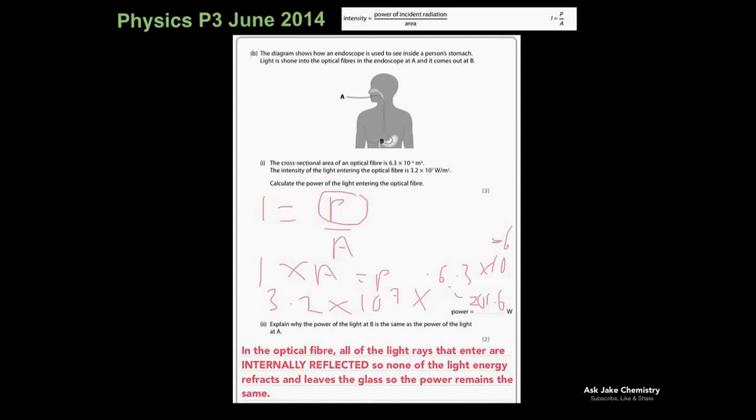If you have some light coming in from here, and it's totally internally reflected, all the light is being reflected inside. So if it's being reflected all the way to the stomach, all the light energy is still going to be there. So you have the same power of light, and that's what you say to get 2 marks.